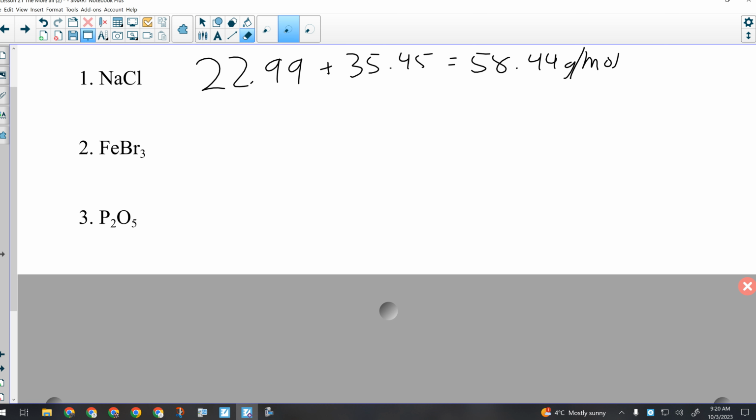All right, number two, I've got iron and bromine, so iron 3 bromide. So for iron, we're looking at 55.85, okay? Is there just one iron? Yeah. Okay, how many bromines? 3, so 79.9 times 3.